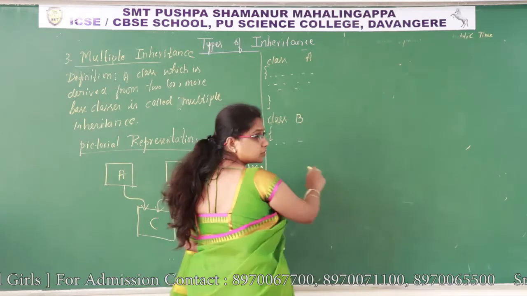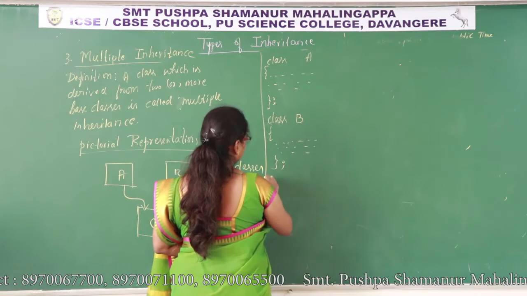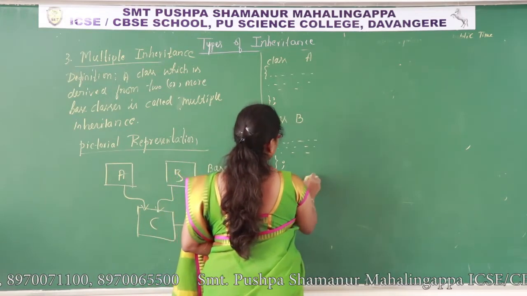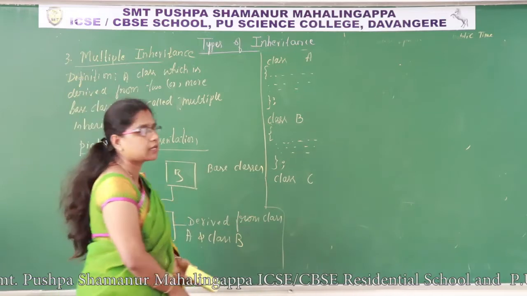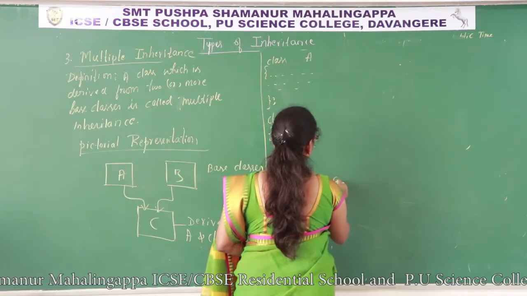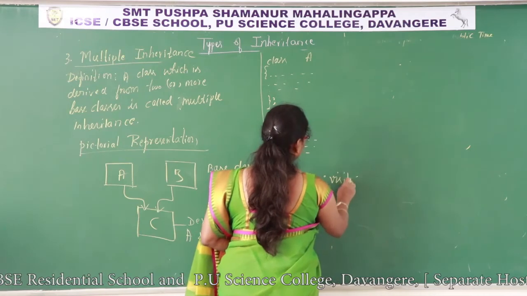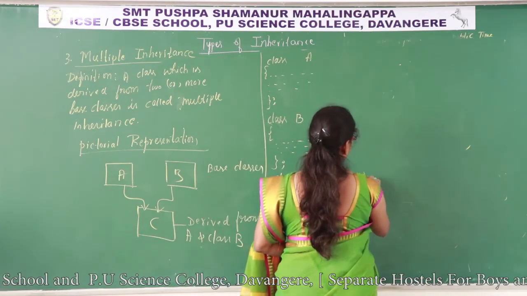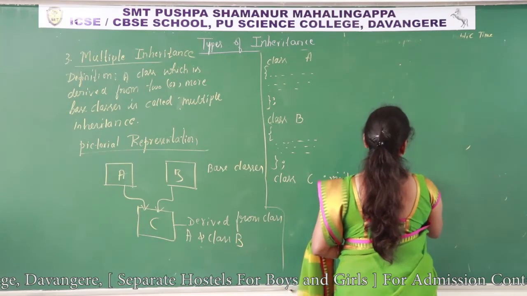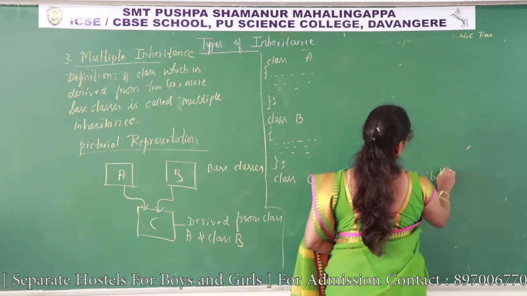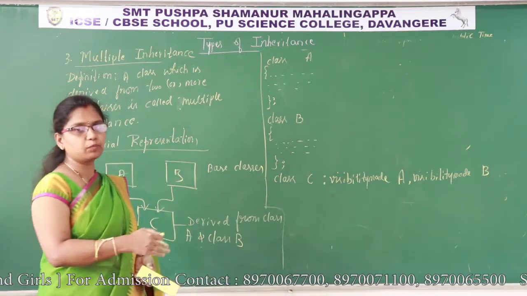So this is class A and it is class B. Then class C, which is going to be derived from class A and class B. Colon, visibility mode A, comma, visibility mode B. This is the general syntax. We have to write a visibility mode for each class.